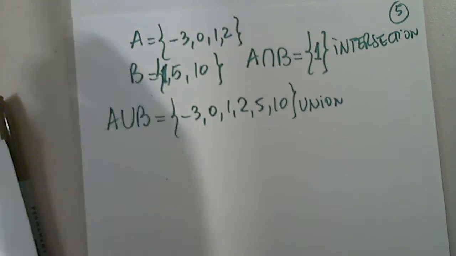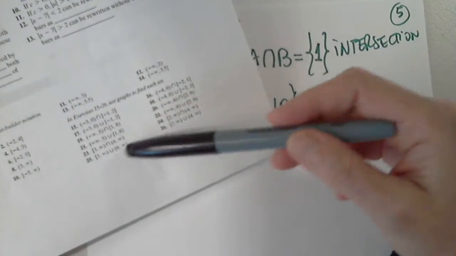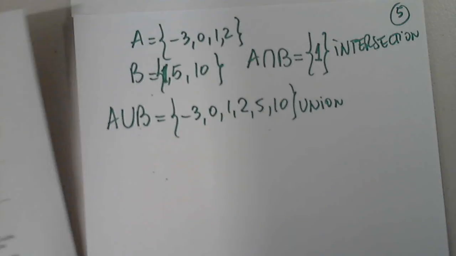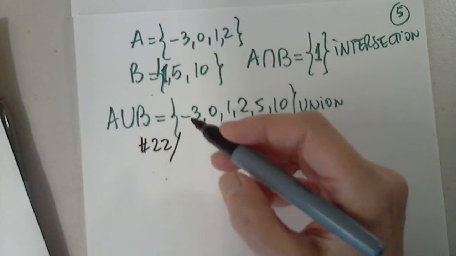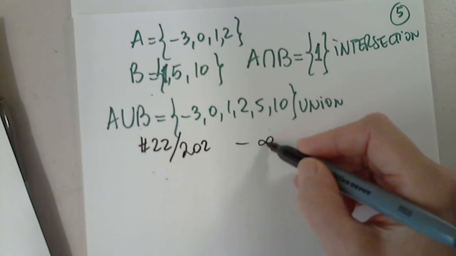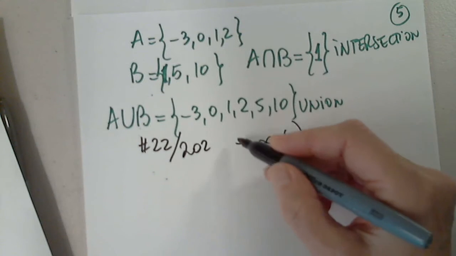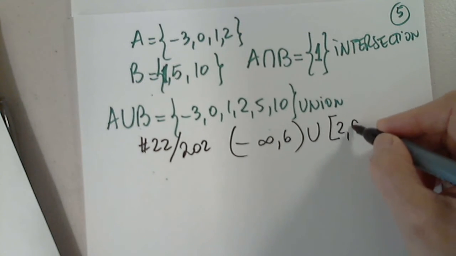Okay, so let's see how we do this with intervals. Okay, so let's say 22 on page 202, -infinity to 6, and union 2 to 9.